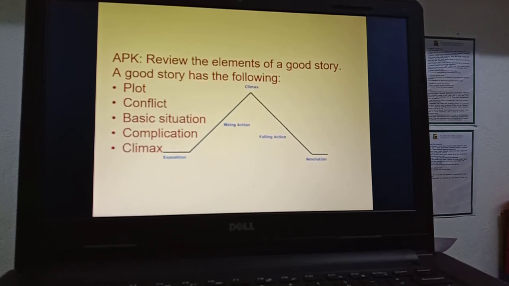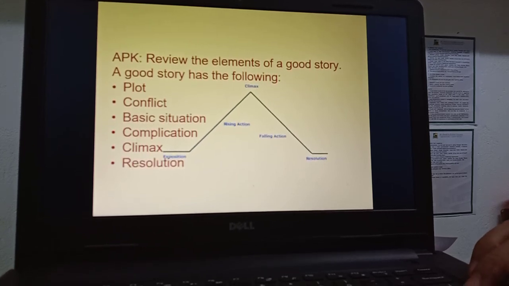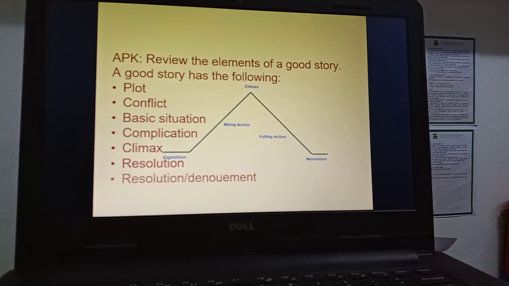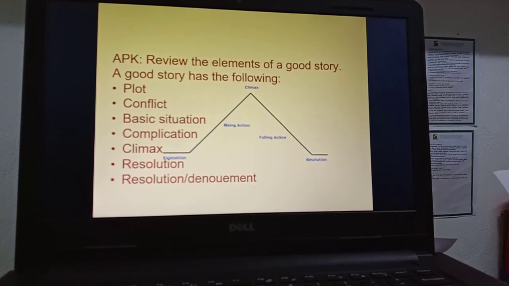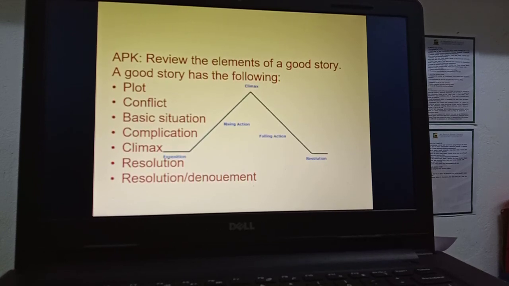And climax is where the tension or action reaches its highest part. Then you have the resolution or the solution of the problem presented in the plot. Usually, the resolution or the denouement appears after the falling action and typically is where the story ends.